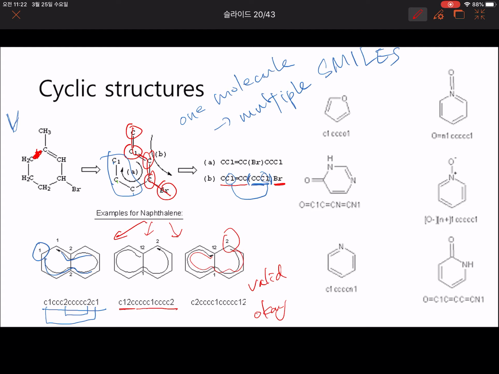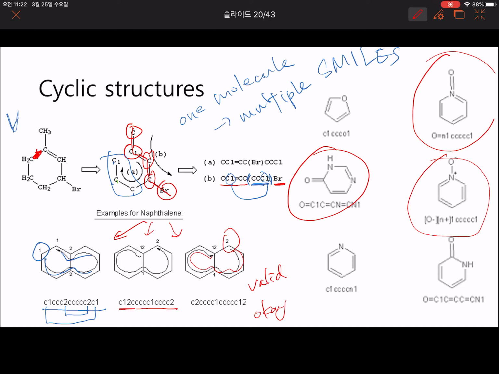And there are more examples on the right side, right? If you look at this example, you can write it like this. And here, we can specify charges of atoms. If you want to specify charges, they are put into this bracket, not this parenthesis.